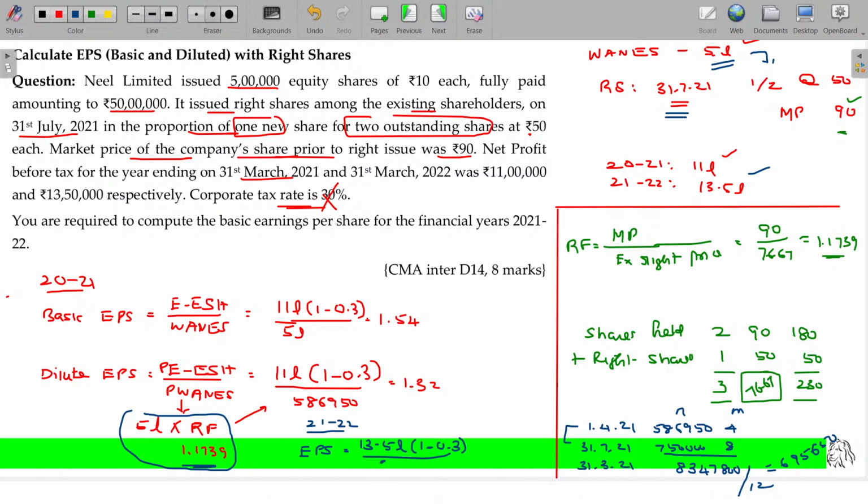So you have to divide this by 6,95,650. Then you will get the EPS in this case being 1.36 roughly. So in case of right shares, you have to find out the right factor, multiply the right factor with the 5 lakhs shares, and you will get the answer easily. Make a note of it.